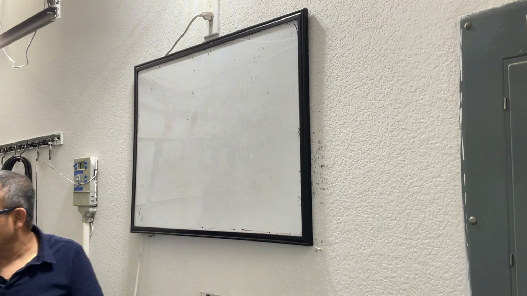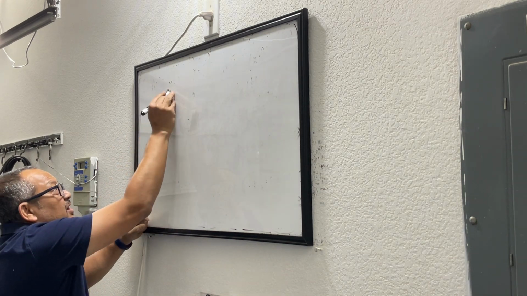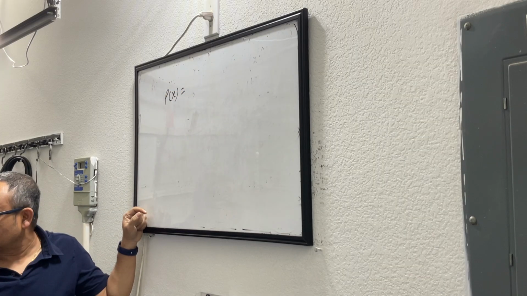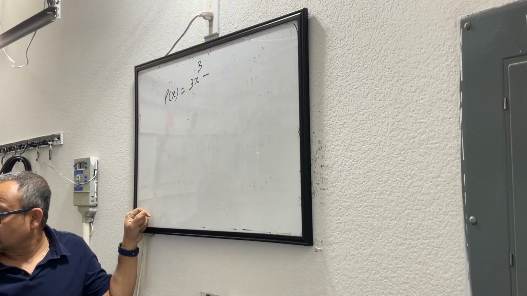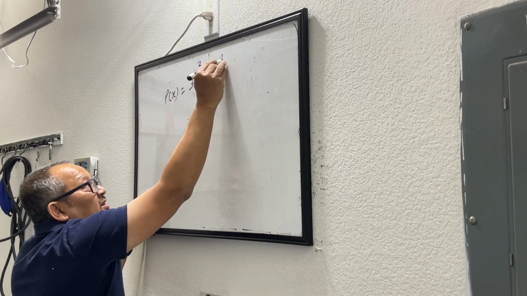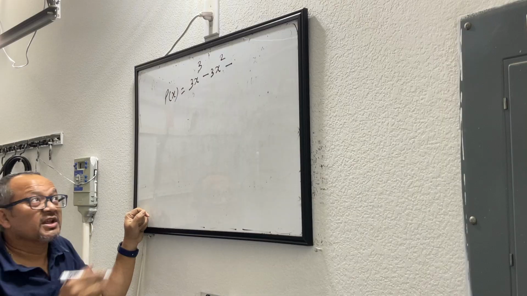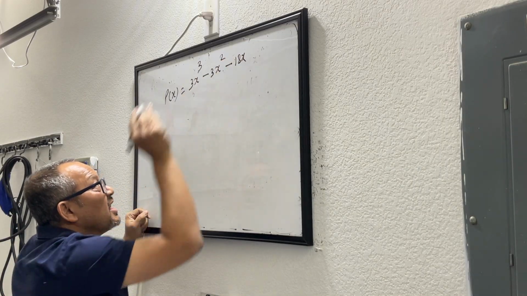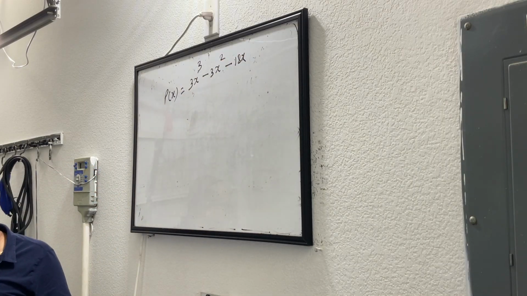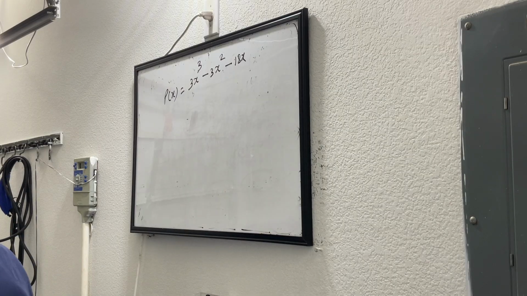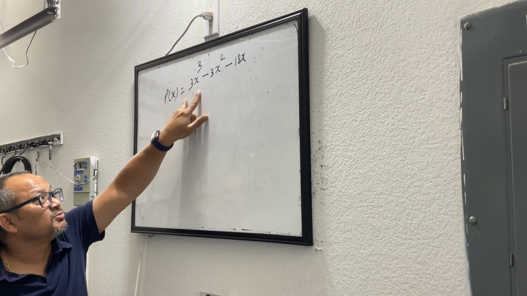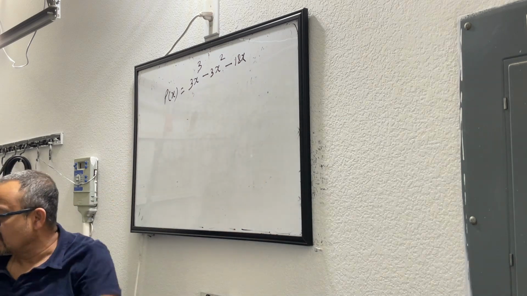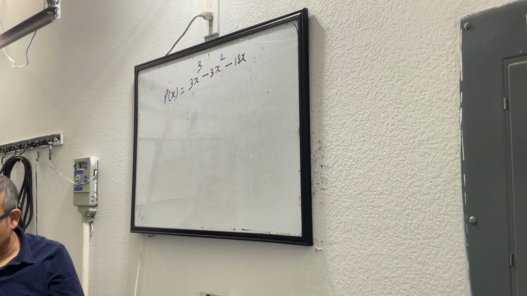So I want to do a quick check of how comfortable you are factorizing a polynomial. Here's the polynomial: 3x cubed minus 3x squared minus 18x. I want you to factorize this and then find the zeros. So P(x) equals 3x cubed minus 3x squared minus 18x.